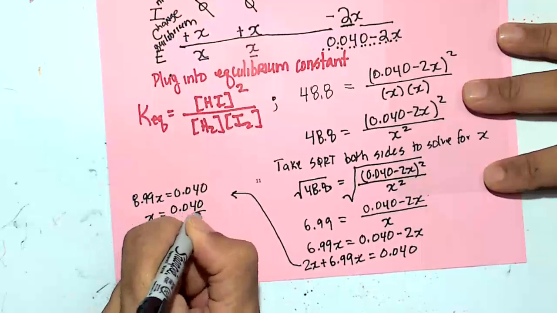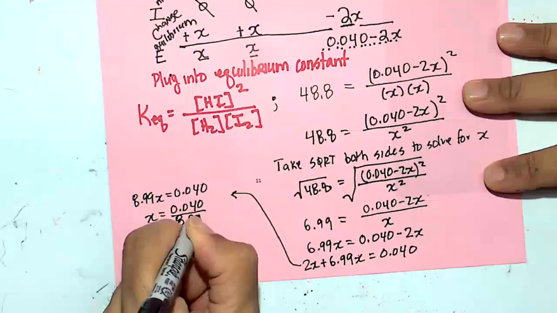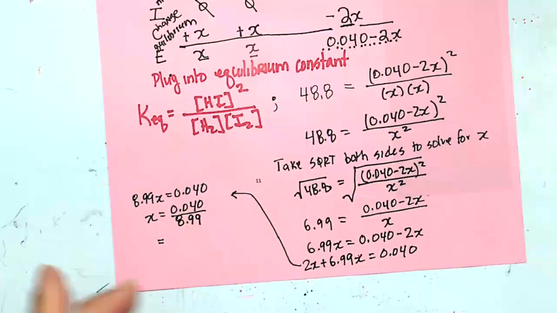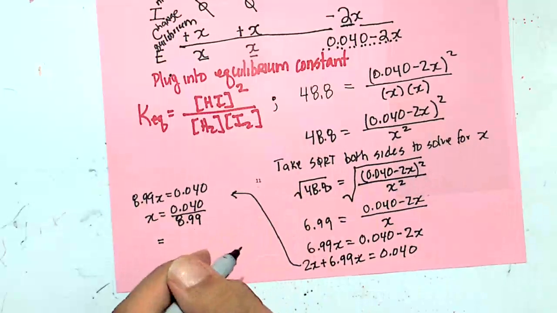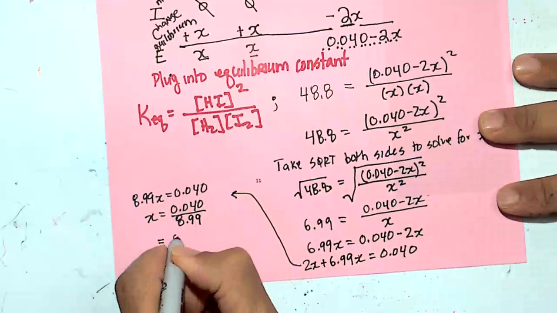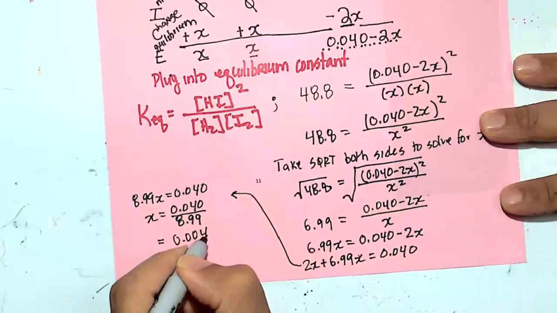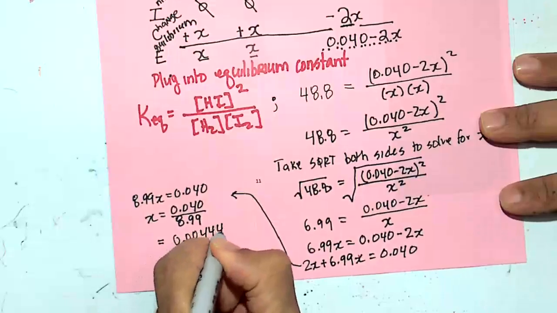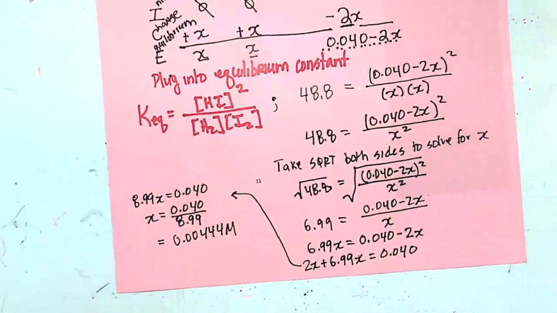So x is going to equal 0.040 divided by 8.99. And what is that on our calculator? I'm getting 0.0044 molar. I'll put in an extra digit here, 0.00444 molar.